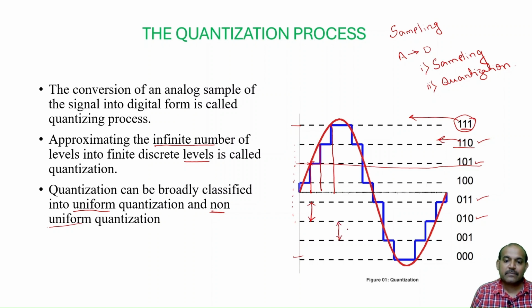This is called the step size, which we normally represent as delta. When the step size, the difference between one level and the next, is constant throughout the amplitude range, I call it uniform quantization. If the step size is not constant, if it varies, this is different from this, then I call it non-uniform quantization.